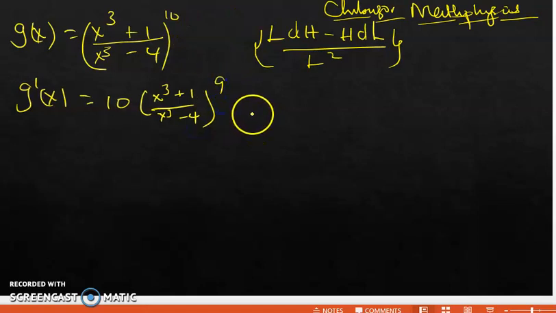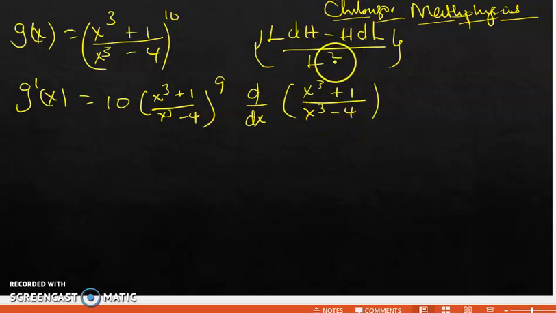So now find the derivative of what is inside, d over dx of this function x cubed plus 1 divided by x cubed minus 4.